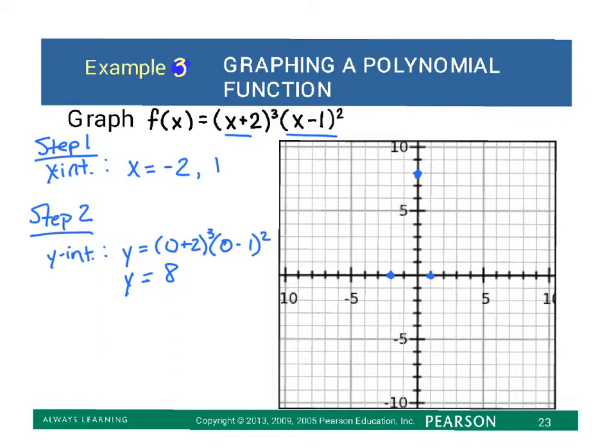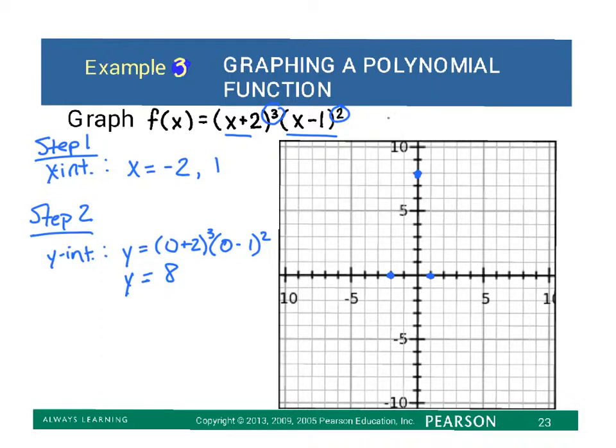Now the last step, we are determining end behavior and how the graph crosses the x-axis at these x-intercepts. To determine end behavior of something that is already in factored form, you're going to look at the powers and add them together.